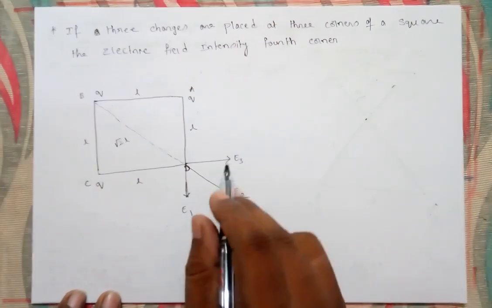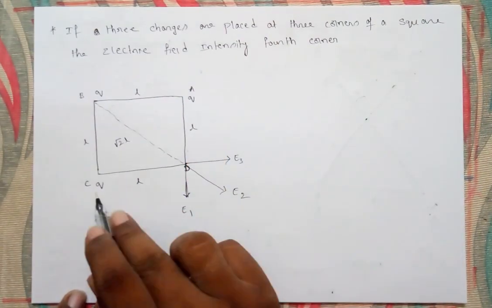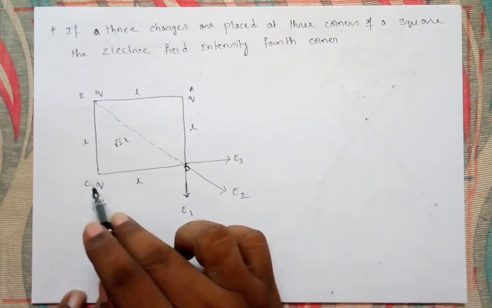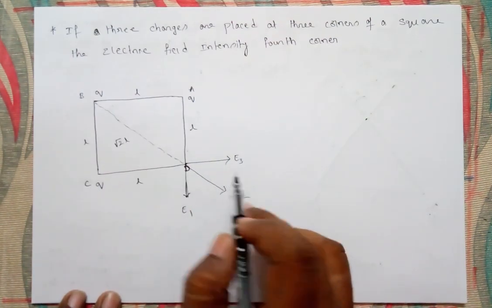Now the electric field intensity due to the charge at A is E1, at B is E2, and due to the charge at C is E3.